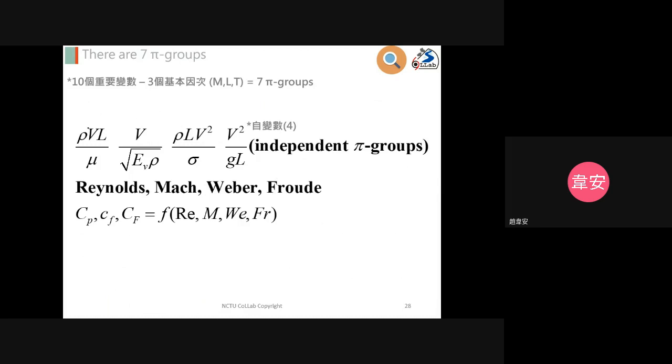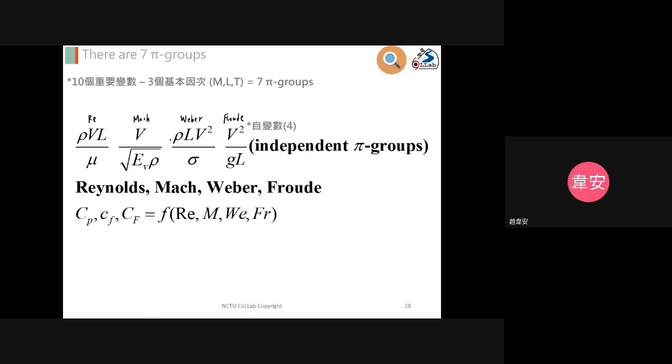The first one we call the Reynolds number. Right now you know the Reynolds number well, and the following 3 variables you didn't know before. The first one we call the Mach number, the next is the Weber number, and the final one is the Froude number.